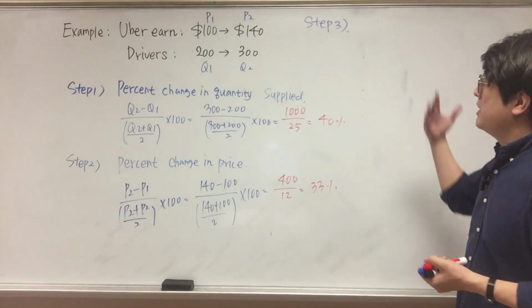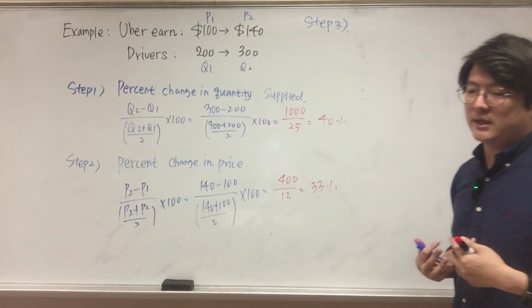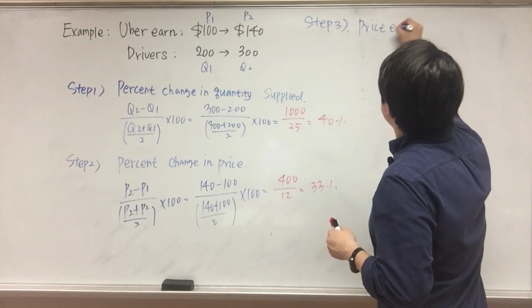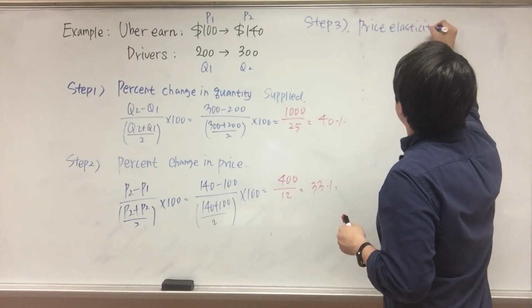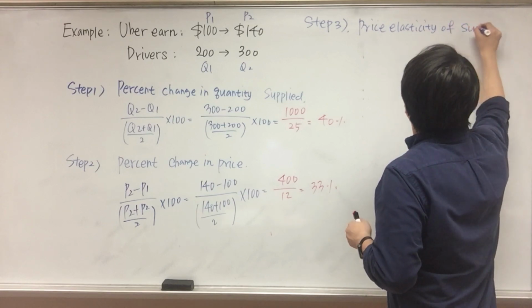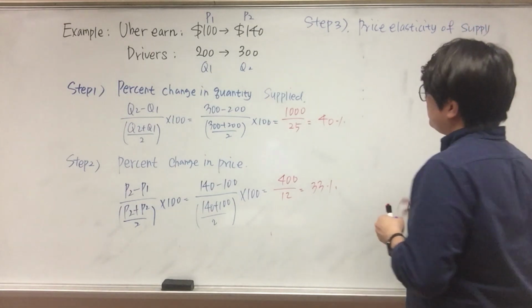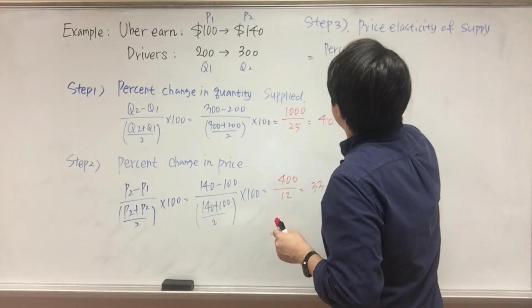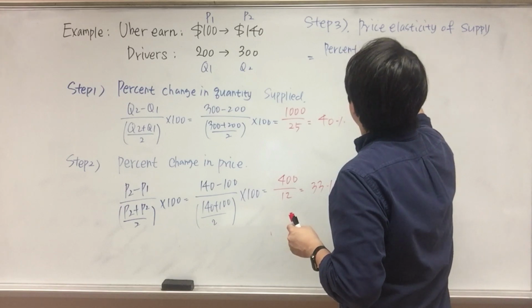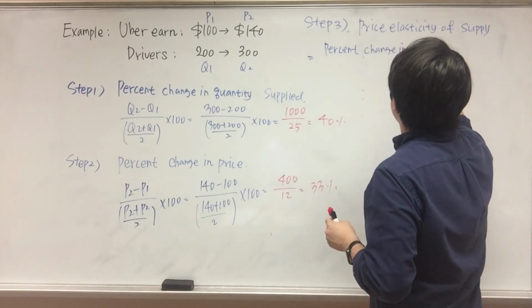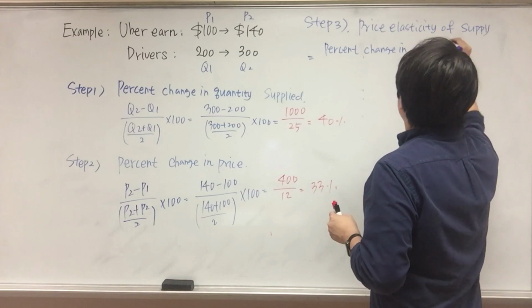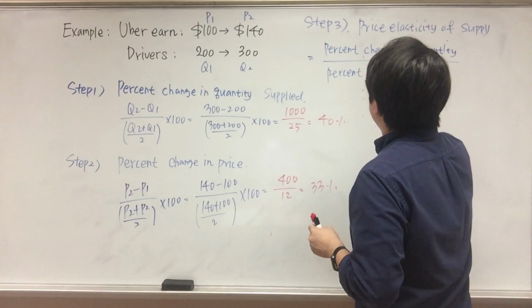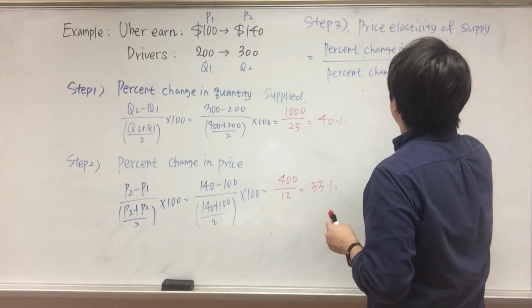Okay, so step 3, we need to find what? Price elasticity of supply. It is percent change in quantity divided by percent change in price.